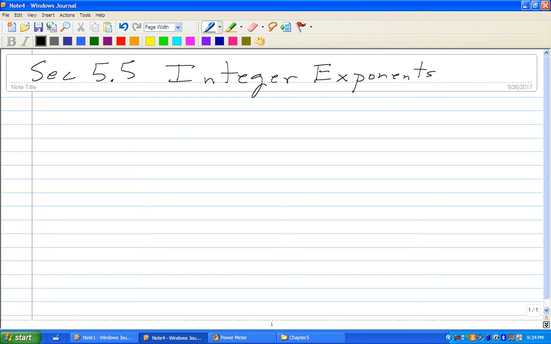First, let us recall natural number exponents.